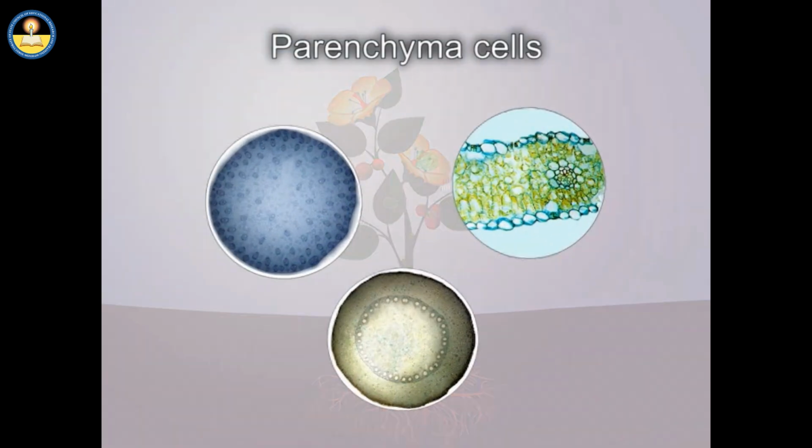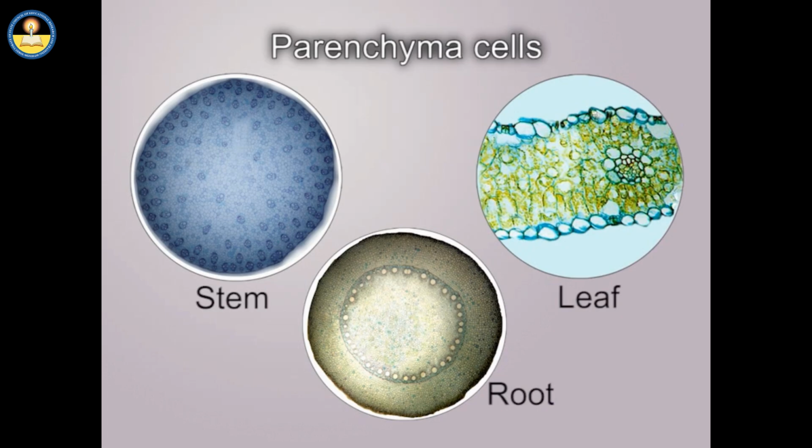Parenchymatous cells take different shapes and perform different functions when present in different parts of the plant. Parenchyma serves as a packing tissue to fill the spaces between other tissues and maintain the shape and firmness of the plant due to the turgid nature of its cells.